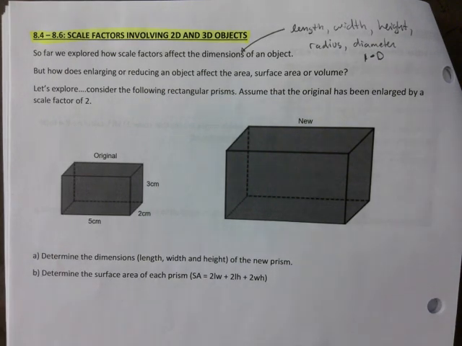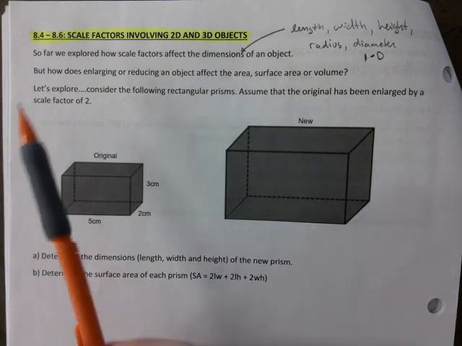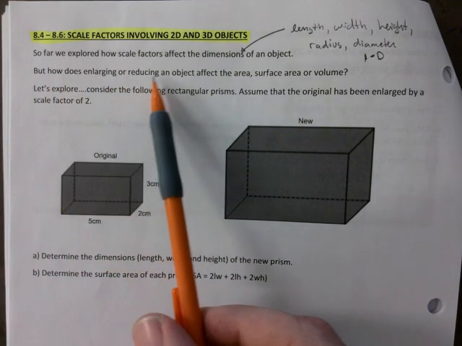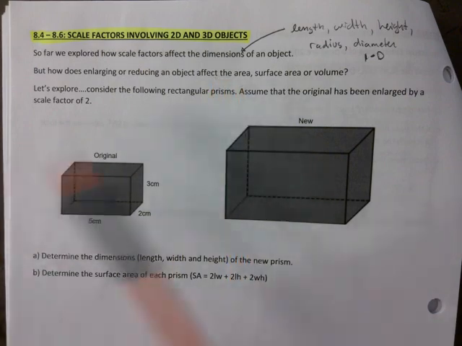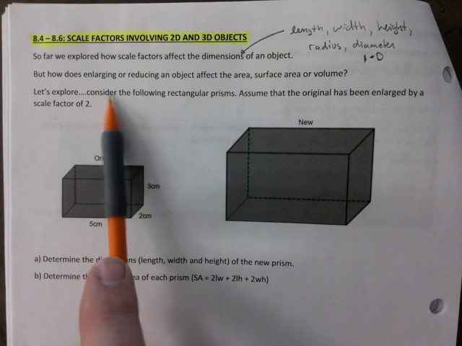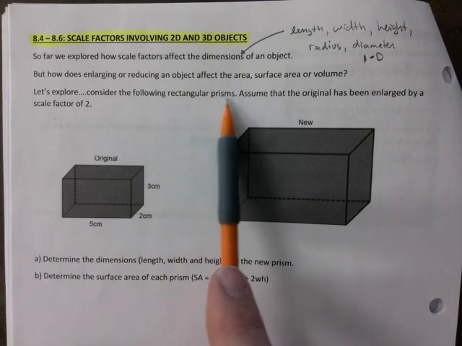So we had everything in centimeters, yards. There is no squared yards, square feet. None of that happened so far. Now we're going to start talking about that. How does enlarging or reducing an object affect the area, surface area, or volume? Let's explore. Consider the following rectangular prisms.